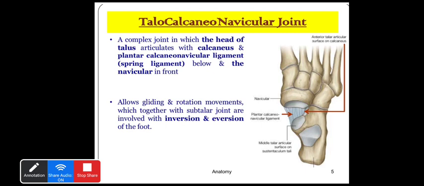The head of the talus, supported by the spring ligament, is situated in the proximal concavity of the navicular in front, thereby forming the talocalcaneonavicular joint. The movements here are the same gliding and rotatory movements, which together with the subtalar joint are involved in inversion and eversion.